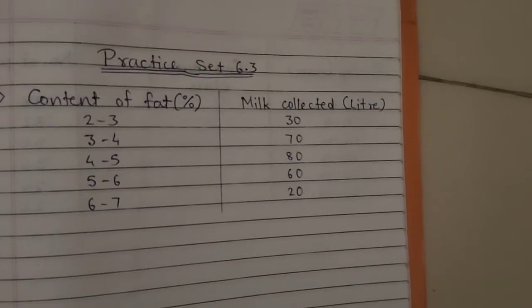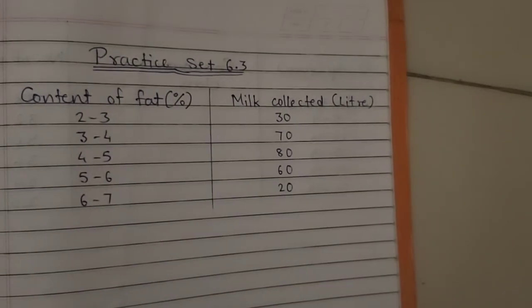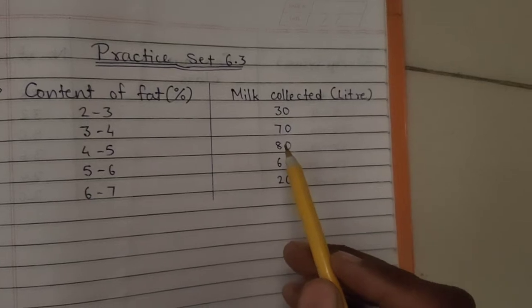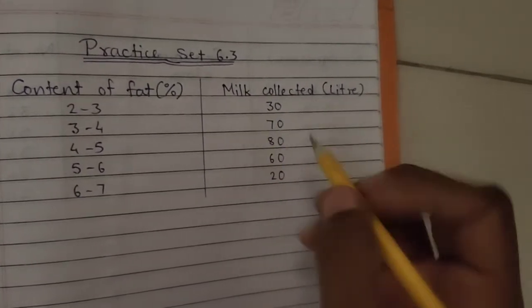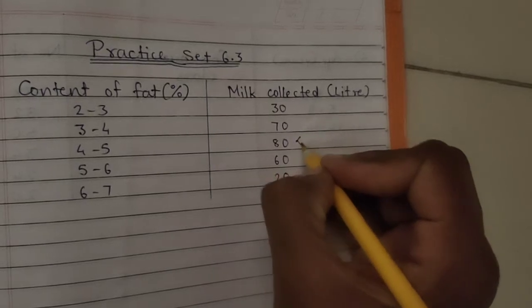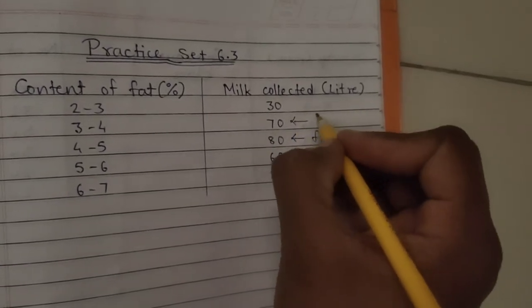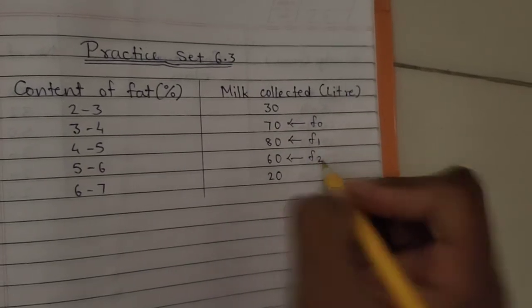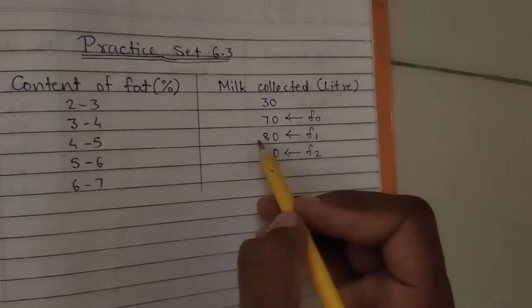Okay, so first thing is what you have to see, which is the highest number you can see in this frequency table. So here you can see the maximum number is what, 80. Since it is maximum, so this will be your F1. Just above this you will have F0, and below this you will have F2. Okay, and this F1 belongs to your modal class.